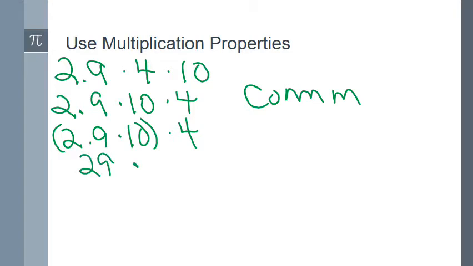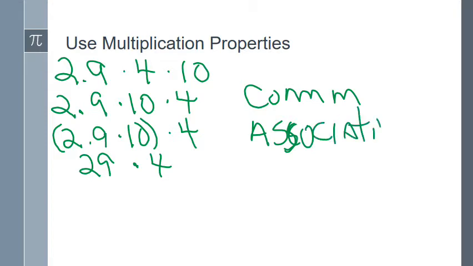I like that, so I've got 29 times 4. That grouping is an example of the associative property.